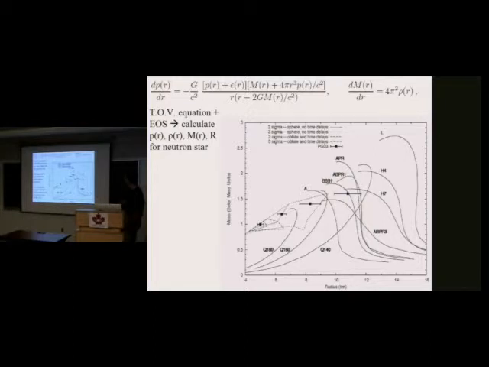And again, at high mass, general relativity turns it over. So there are two totally different classes of mass-radius curves for different equations of state: ones which decrease in radius as mass increases, and the others which increase in radius as mass increases.